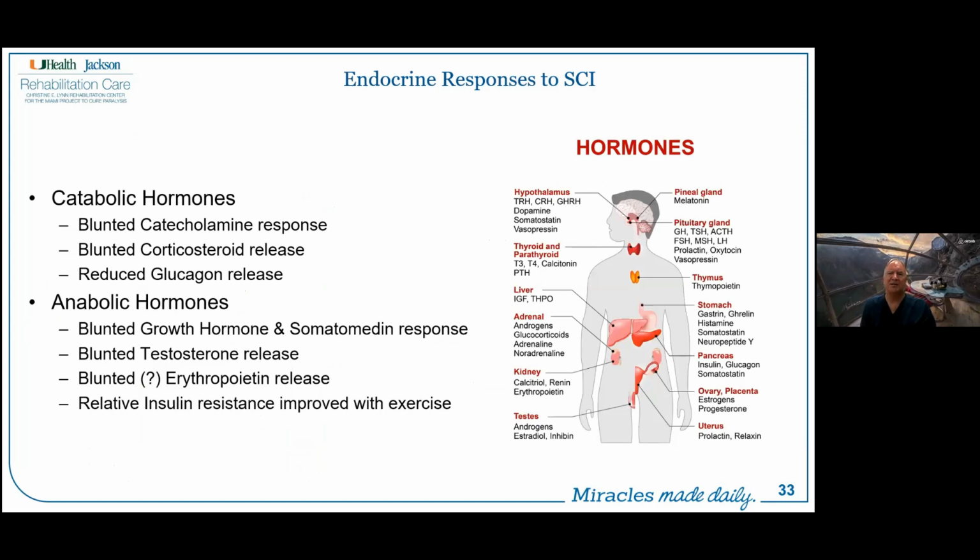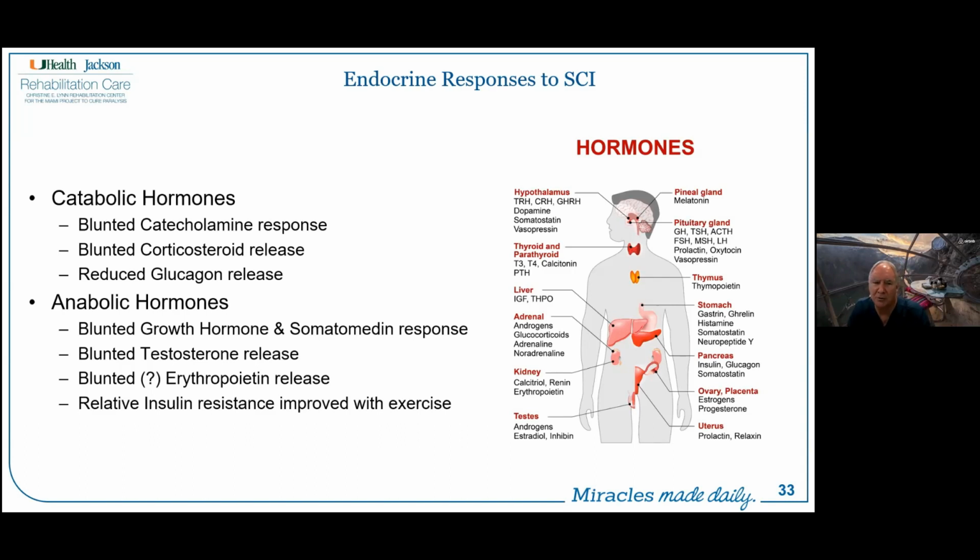So endocrine responses are also significantly different after a spinal cord injury. The catabolic hormones, remember catabolic hormones are the ones that go in, they break down muscle, they break down bone, they break down other parts of the system to basically allow substrate utilization during times of crisis.